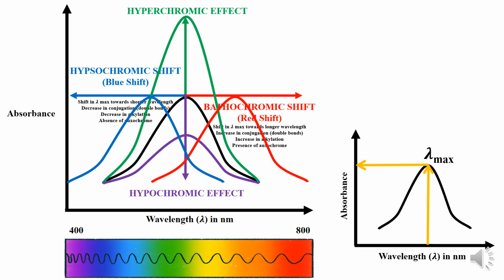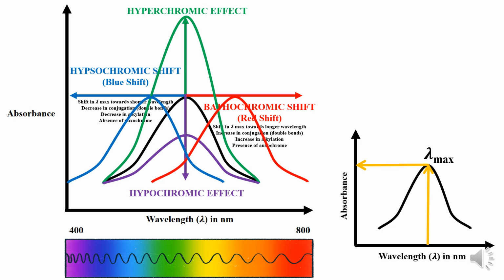Now, here you need to note an important point: in case of hyperchromic effect as well as hypochromic effect, the lambda max remains one and the same. Only the intensity of absorption either increases or decreases. If the intensity of absorption increases, it will be hyperchromic effect. If the intensity of absorption decreases, it will be considered as a hypochromic effect. But the lambda max remains one and the same, as you can see from this absorption curve.